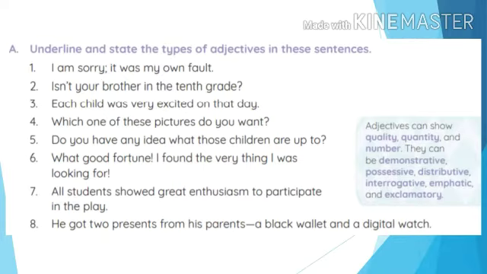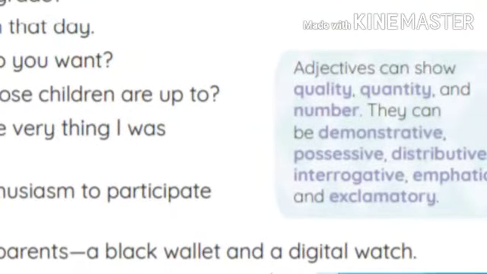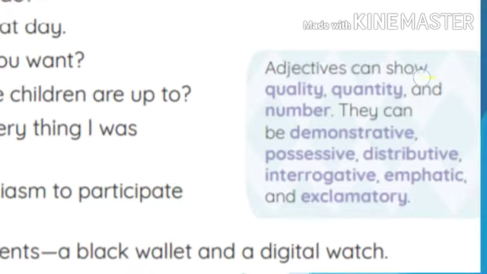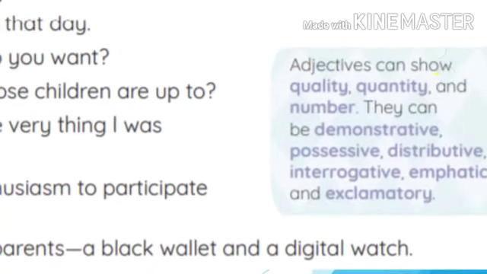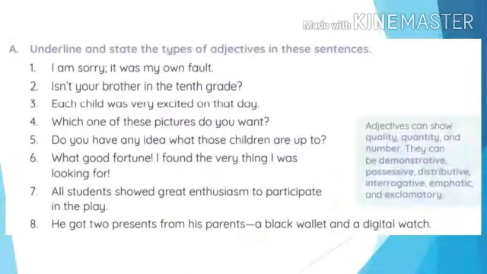Here we have certain types as demonstrative, possessive, quality, quantity, number, distributive, emphatic, exclamatory or interrogative. We have so many types of adjectives. So sorry, as you know, is a quality. So the type of this particular adjective sorry is quality.